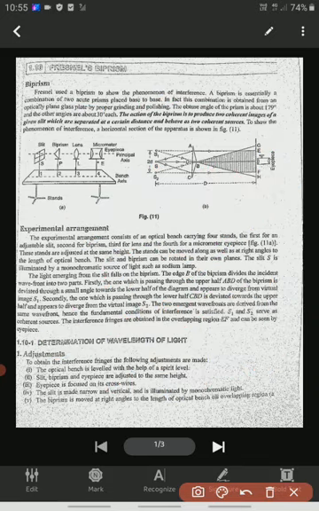Here the biprism is a combination of acute-angled prisms placed base to base. It is prepared from an optically plain glass plate by proper grinding and polishing.